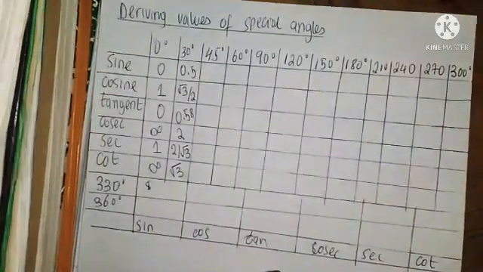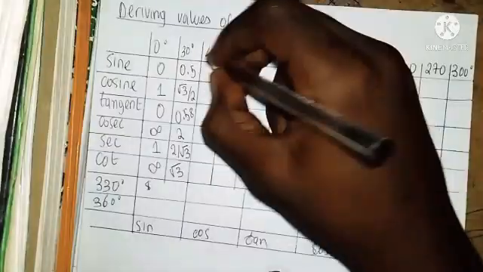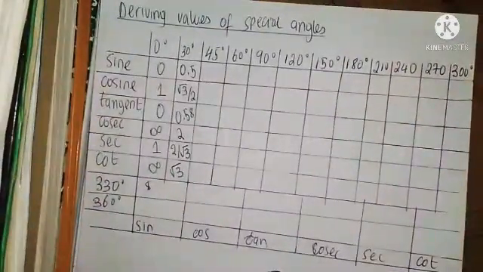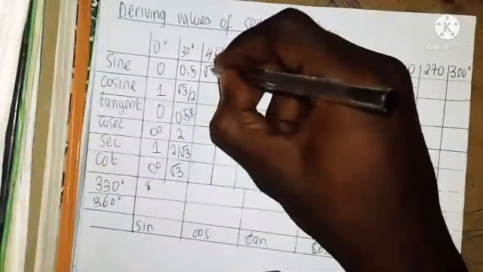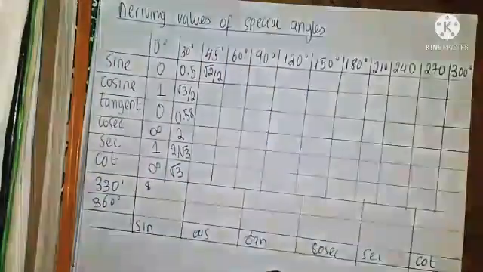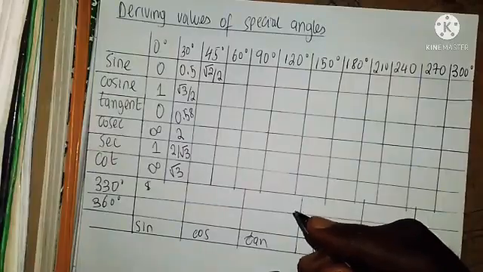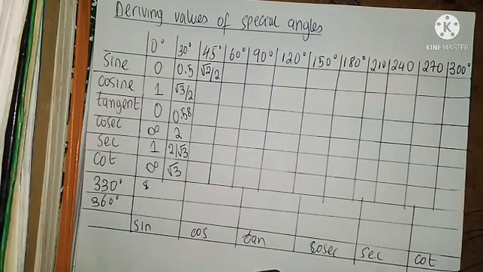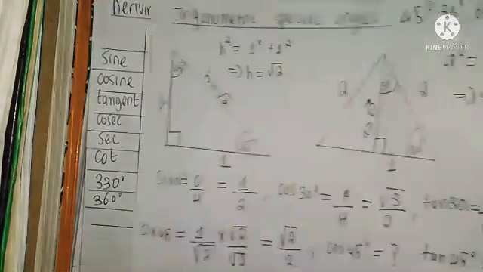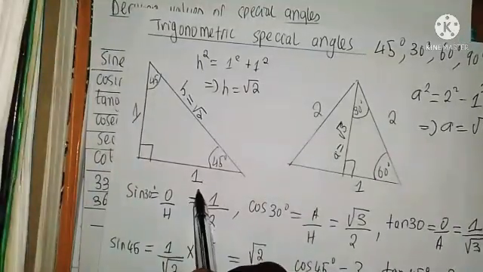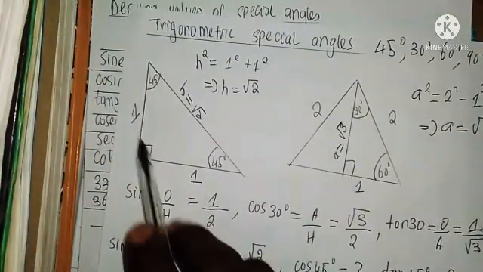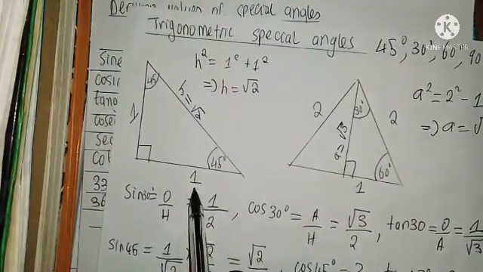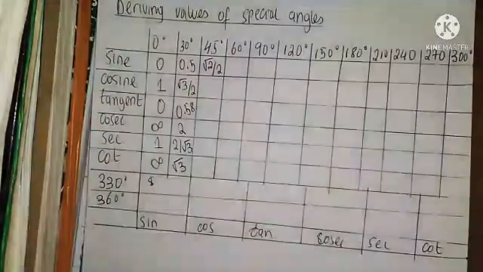Okay, and sine 45, we have root 2 on 2, or you can have 1 over root 2 if you didn't rationalize. The same goes for cos 45, because you could see here that we had a 1 here and a 1 here. And if you had taken cos 45, you would have seen an adjacent with the value of 1 over root 2.